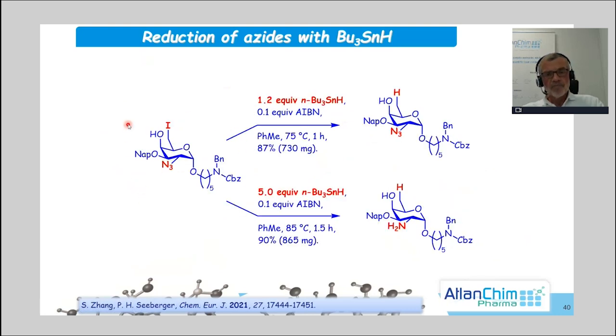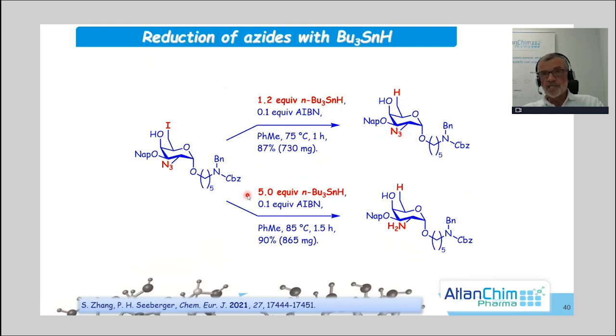Interestingly, as presented in this example from this iodo-azido sugar here, treatment with 1.2 equivalents of tributyltin hydride in hot toluene in the presence of ABN as a radical initiator gave chemoselectively this debrominated azido adduct here in good yield.